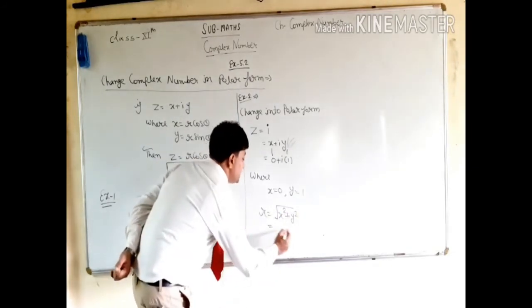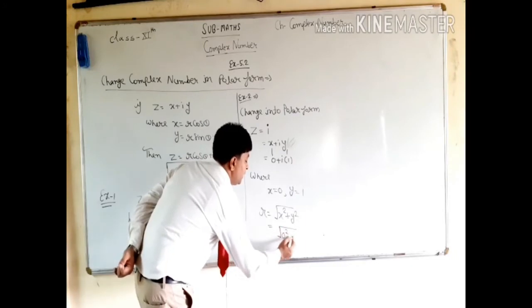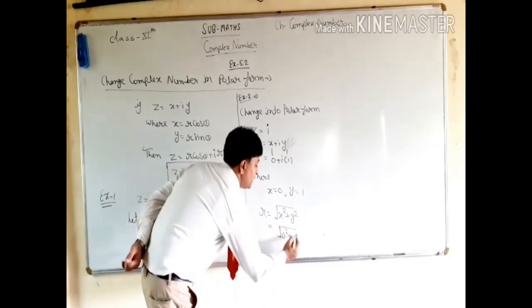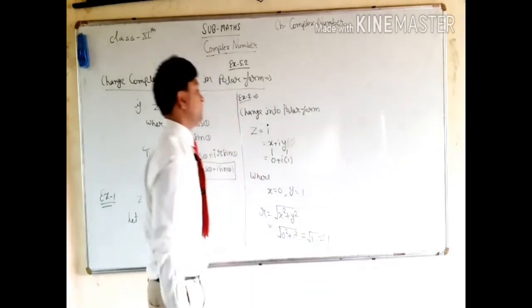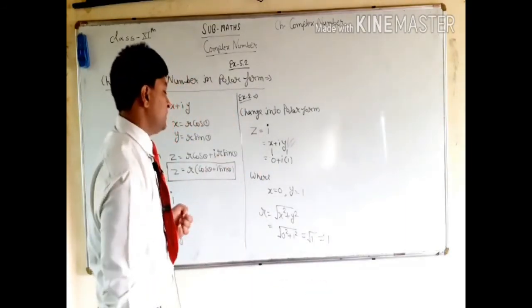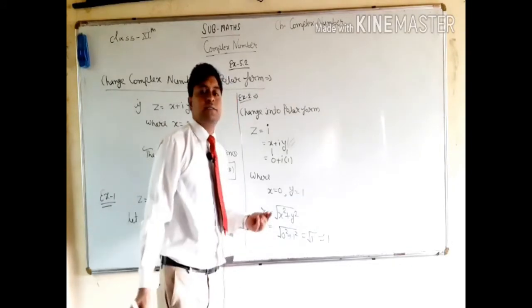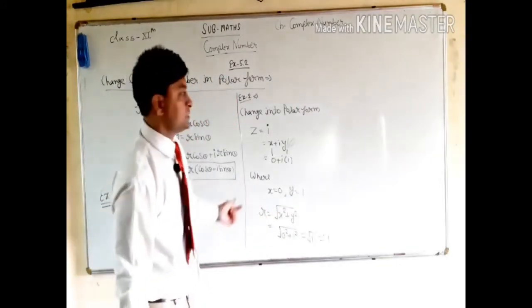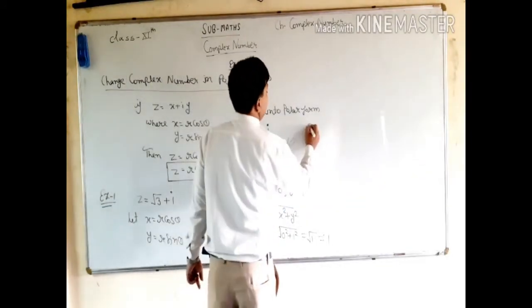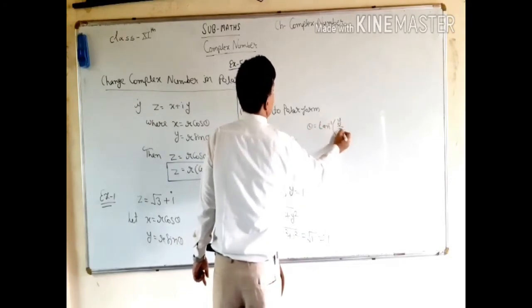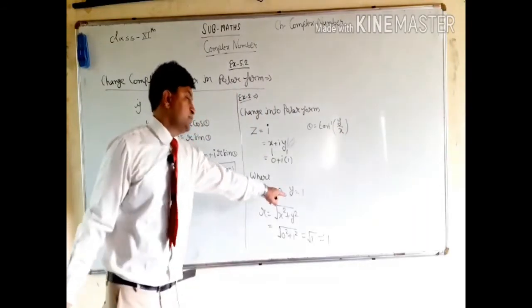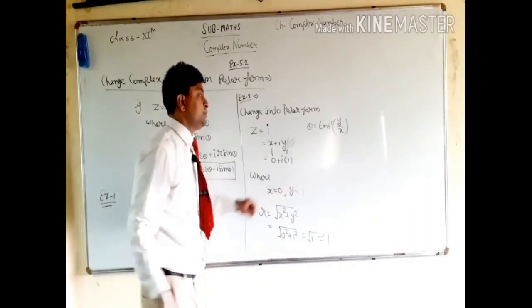The value of x is equal to 0 and the value of y is equal to 1. So the answer is 1 for this complex number. This is the value of r. R is the modulus. Now theta equal to tan inverse y upon x, and the value of y is 1 and the value of x is 0.